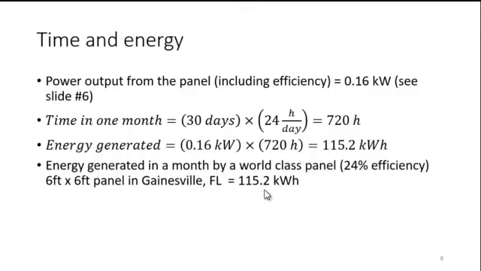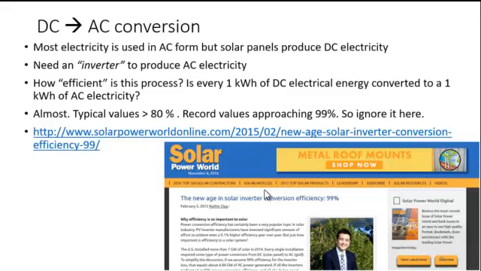There are a couple of things that I neglected in this calculation. One is, I've already mentioned the tilt of the solar panel. Another one is the conversion from DC to AC. So solar panels produce electricity in the form of DC electricity, but what we use mostly in houses comes in the form of AC power.